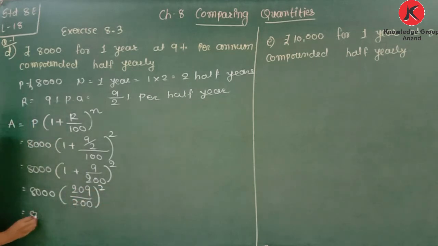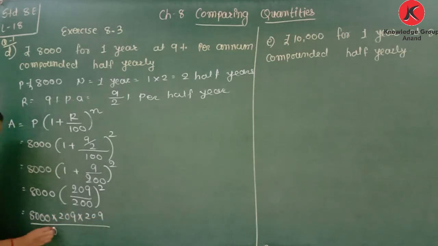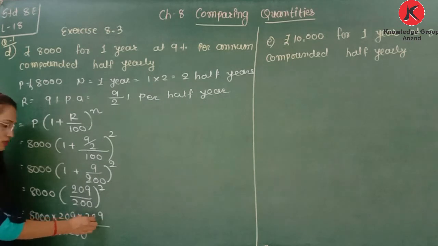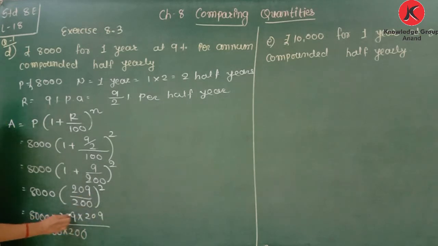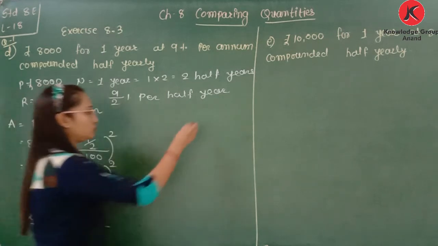So here we get 8,000 multiplied by 209, multiplied by 209, divided by 200, divided by 200. Raised to 2 means multiplying 209 two times and dividing by 200 two times. Here the zeros will be cancelled out. 2 twos are 4, so here we get 2. Now multiply 209 with 209.